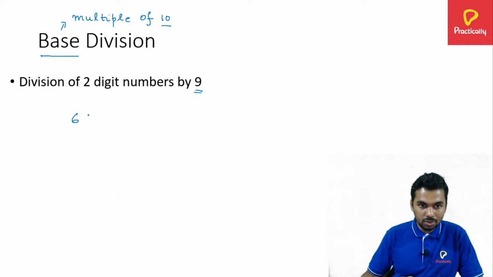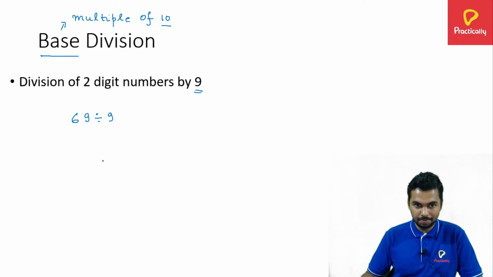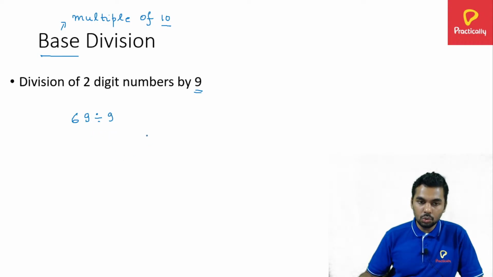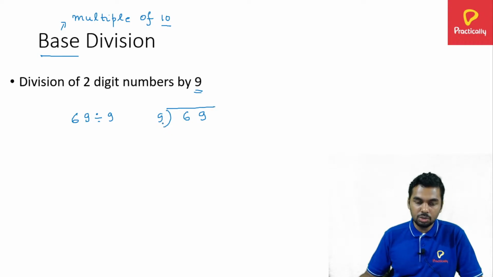So I want to do 69 divided by 9. Okay. So this is an example. So when I want to do 69 divided by 9, in the conventional method, whatever you have learned in school, you will write something like this, right? 9, and you will put a bar on top of this, and you will do the multiplication table of 9.